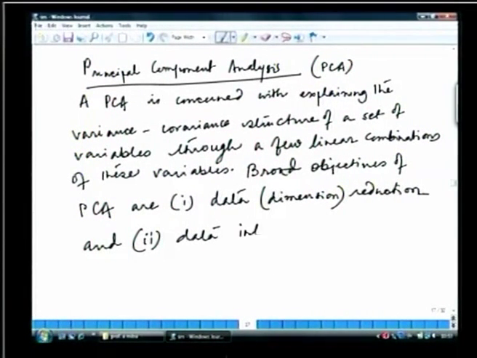Now, in between there are many things before we can correctly interpret the data, so we will look into all these aspects. These are the two broad objectives, but in between there are many other analyses that will help us. Besides, PCA also in time reveals some interesting relationships among the p variables, which were not apparent otherwise.